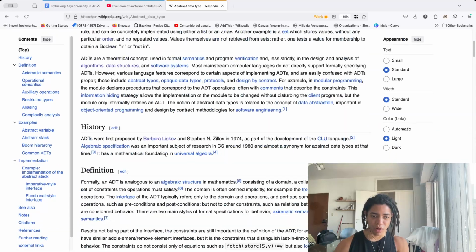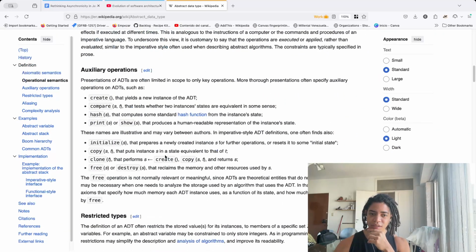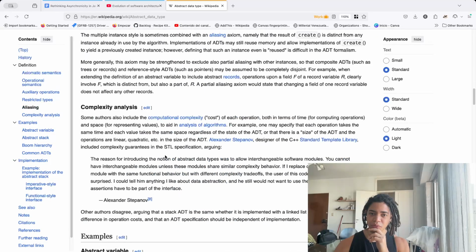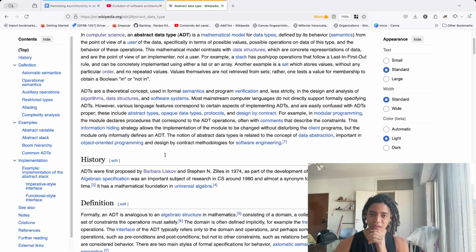And this is when the rise of object-oriented programming came. But this is a mathematical model.